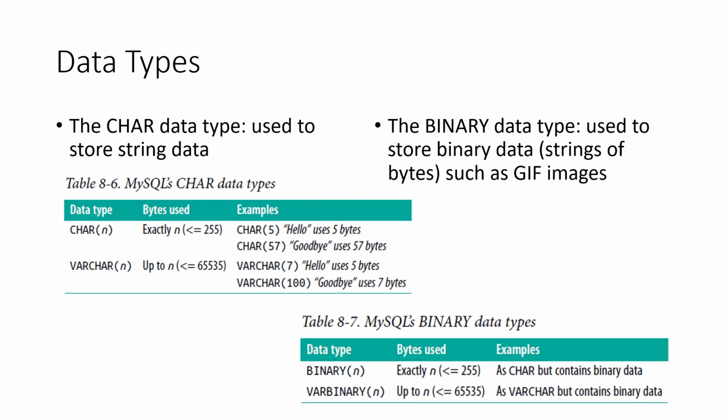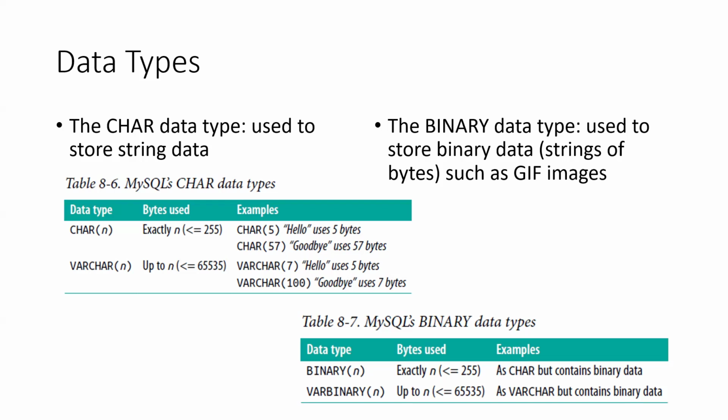And usually when we type char, within brackets, you can specify a number n. For example, if you want to specify a particular number of characters, you can specify with n. For example, if you say char 5, you can store 5 characters, 1 byte for each character.